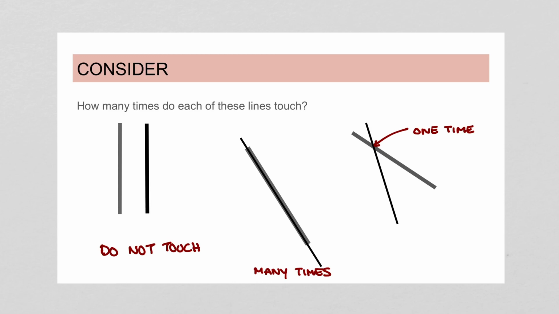If we're graphing 2 lines that lay on top of each other, or they touch many times, then that one may have many solutions. And consider, what does that mean for the last situation when we have 2 lines that touch exactly 1 time? What might we infer about how many solutions that would have?